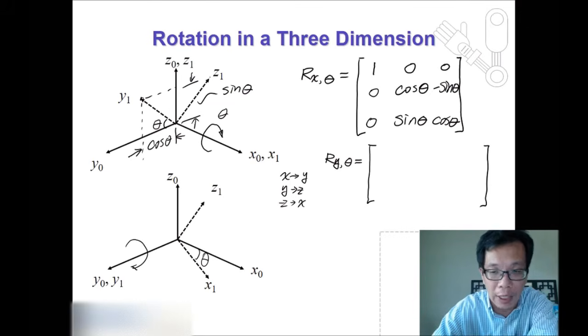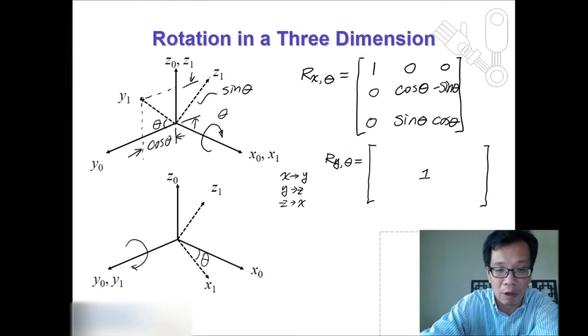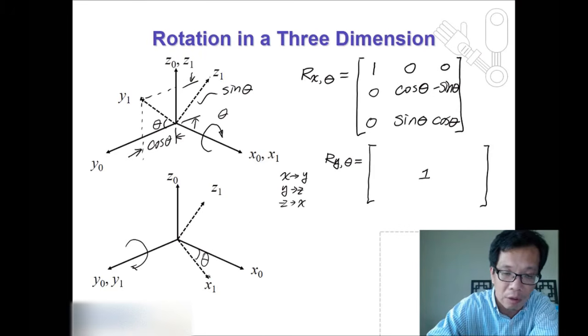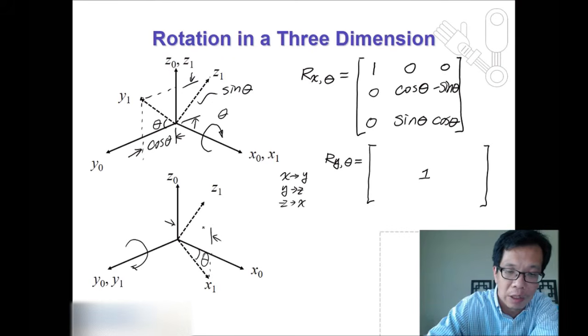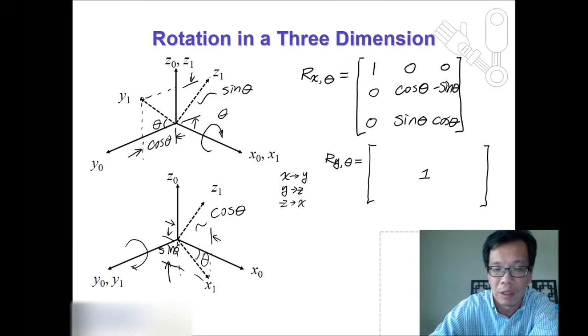And we are rotating about y-axis, which means we have a component 1 over here along y-axis. And the other parts over here, let's start from x direction. So we're going to project it over here. This is going to be cosine theta. This part over here is going to be sine theta.